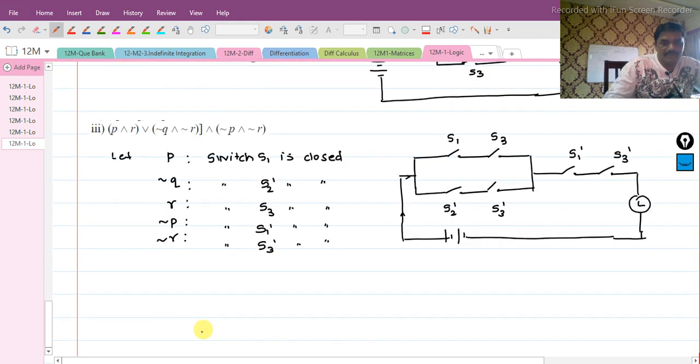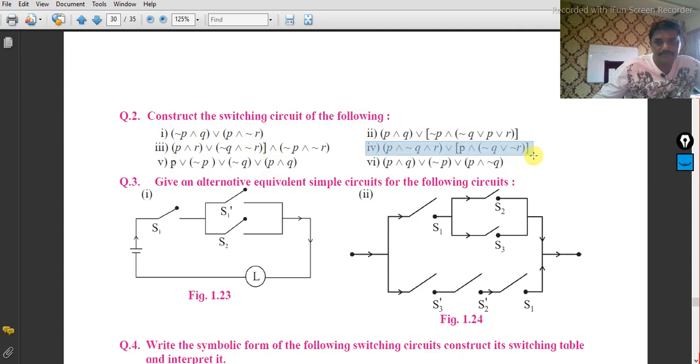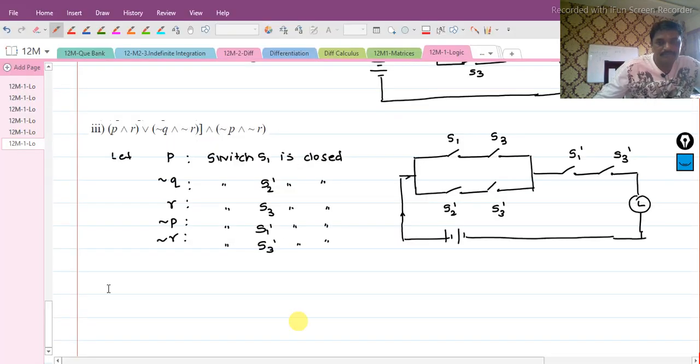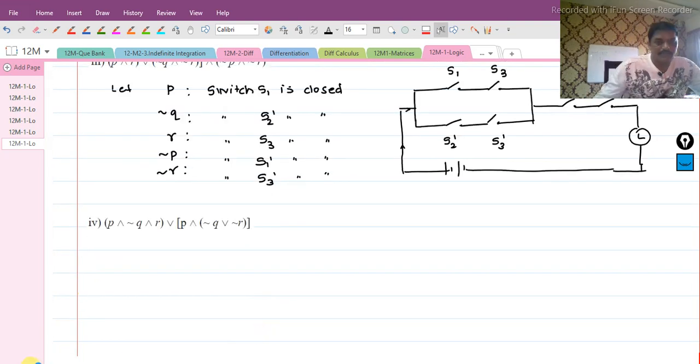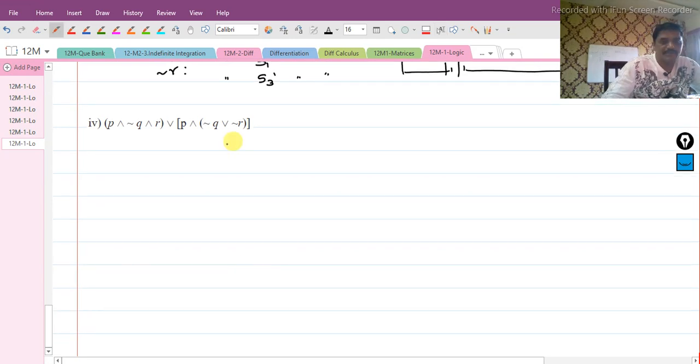चलिए अगले क्वेश्चन की तरफ बढ़ते हैं. क्वेश्चन नंबर 3, फोर्थ. अब आप बताइए. Tell me now, there is P, Q, R. P, negation Q, negation R. So let P is something, Q is something, R is something.